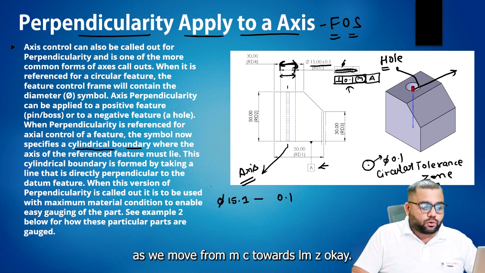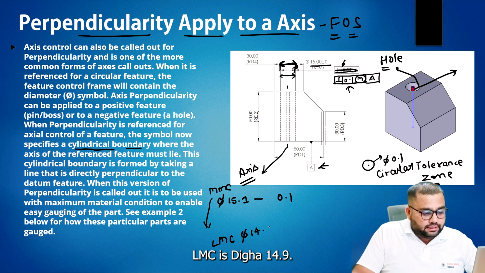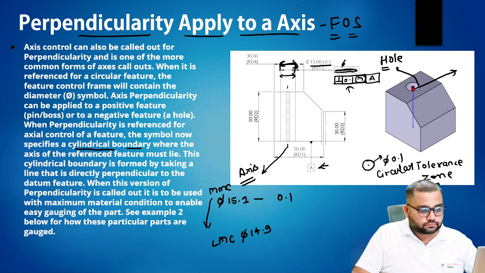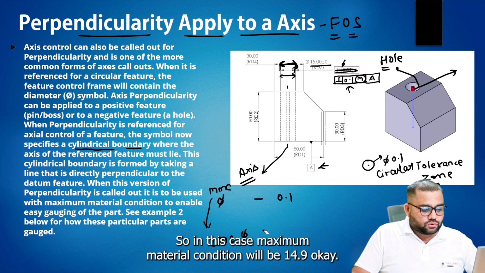As we move from MMC towards LMC, the size is dia 14.9. Sorry, we are talking about a hole in this case. So the maximum material condition will be 14.9.